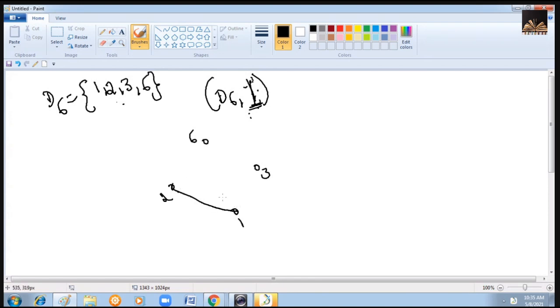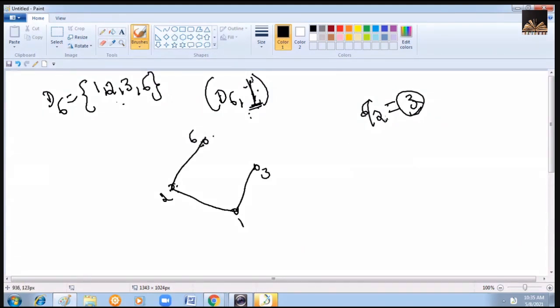Therefore, you can have an edge between 1 and 2. Similarly, 1 divides 3 is also possible, so you can have an edge between 1 and 3. Between 2 and 6, is division possible? Yes, so you can have an edge from 2 to 6.